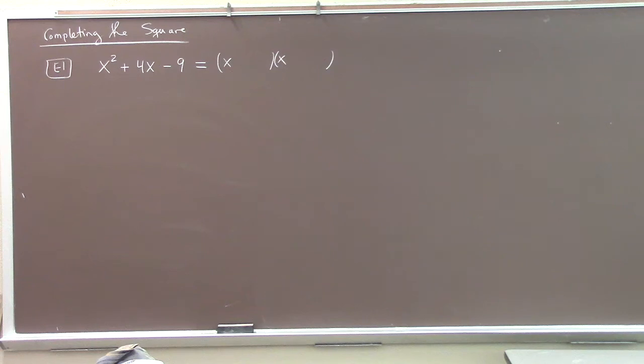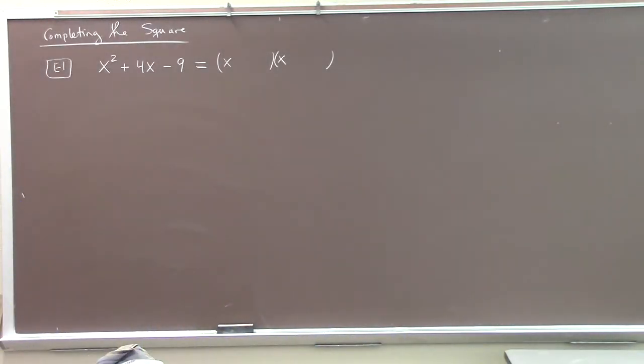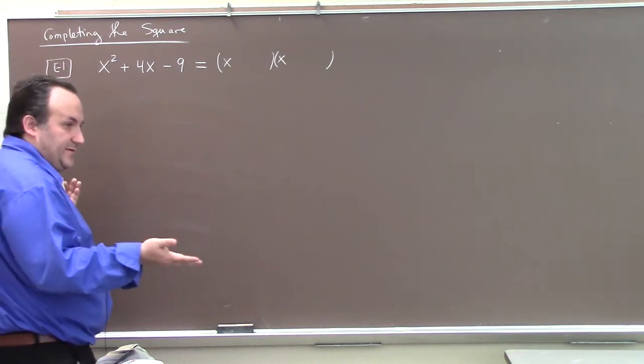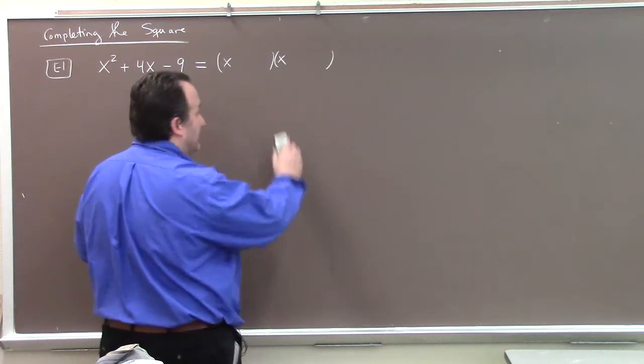So I can't. I mean, I would try 3 and 3, right? Or 9 and 1. And if I use 3 and 3, I get a 6 for my cross term. If I use 1 and 9, I get either a 10 or an 8, plus or minus, whatever. I can't get 4, right? So this is hopeless. So how do we factor this? We need a different way.